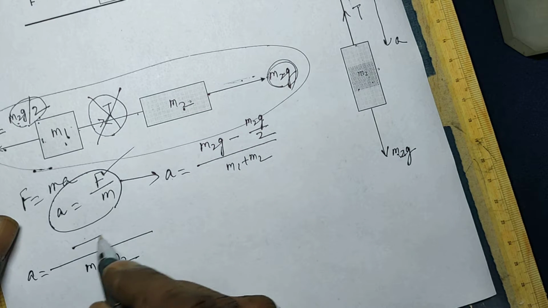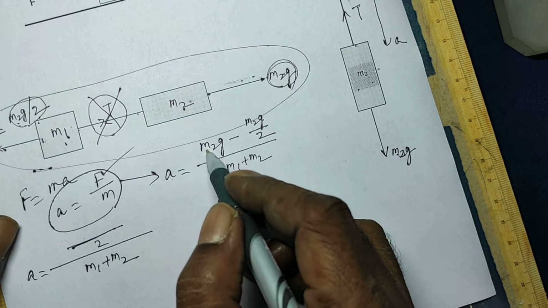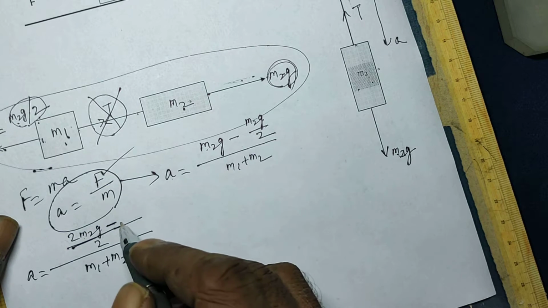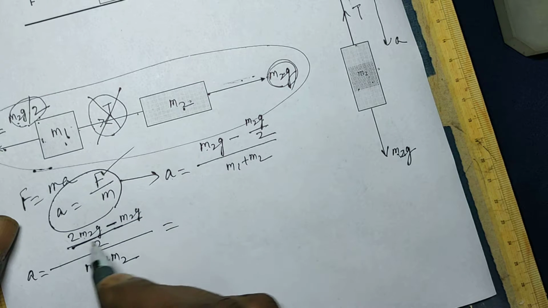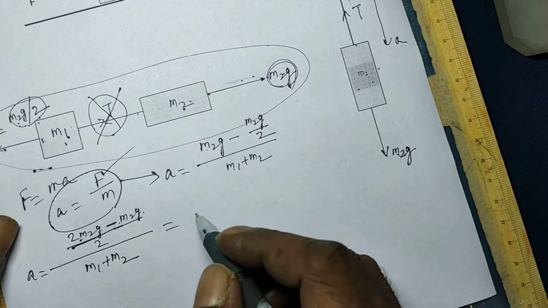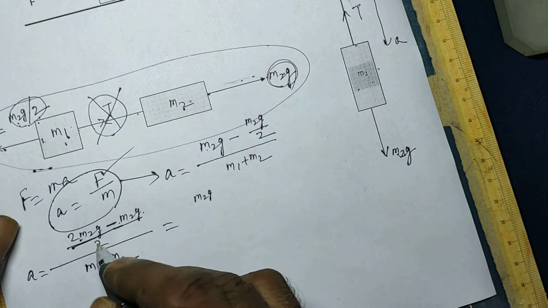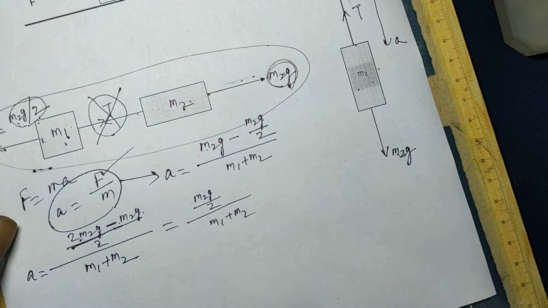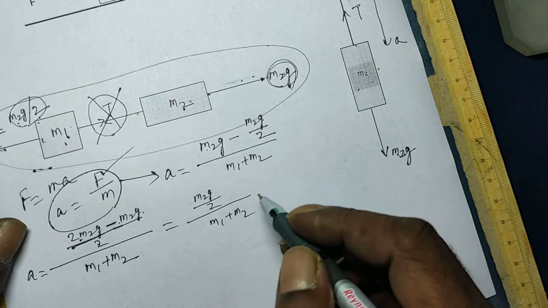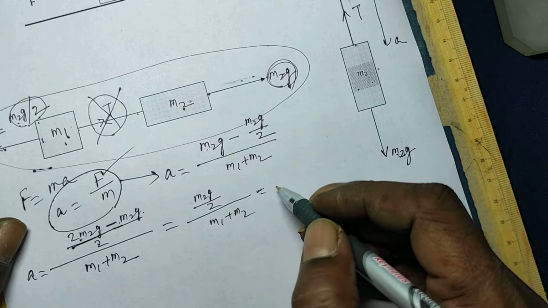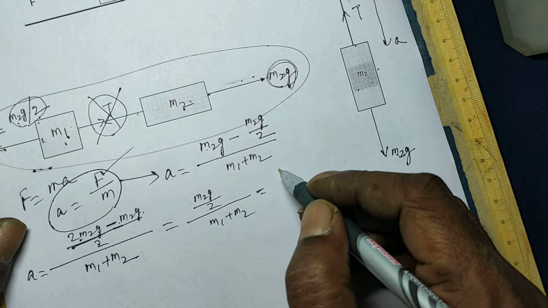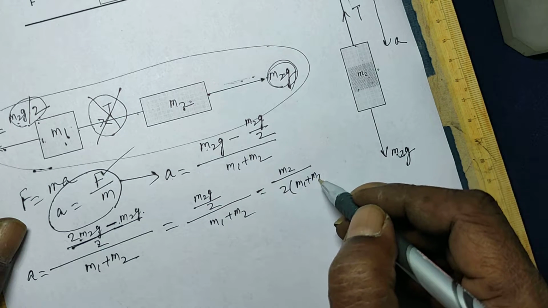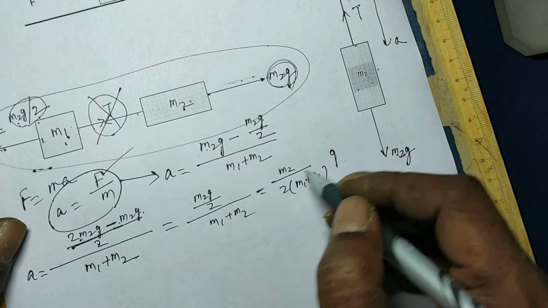If you take LCM, you get 2 here, 2 times M2G minus M2 times G. So 2 times M2G minus M2G is equal to M2 times G over 2, whole over M1 plus M2. So this goes to the numerator. So this becomes M2 over 2 times M1 plus M2 times G.